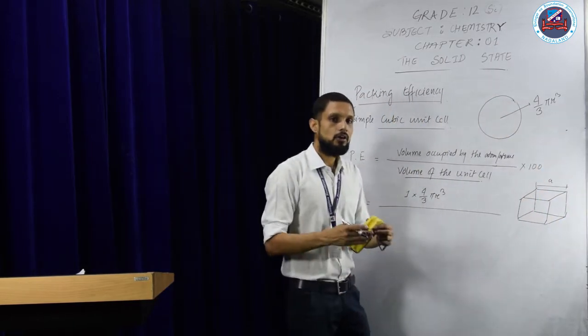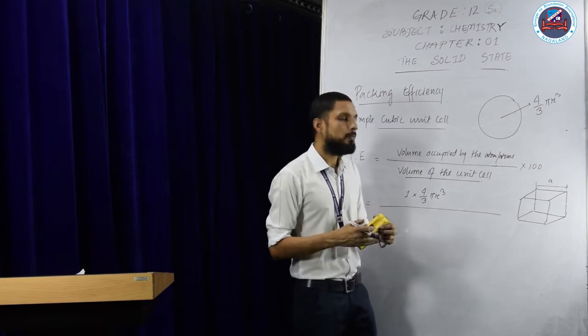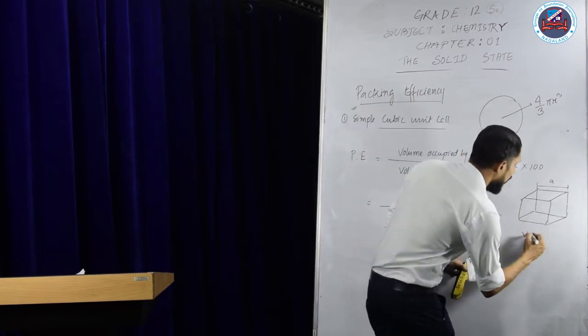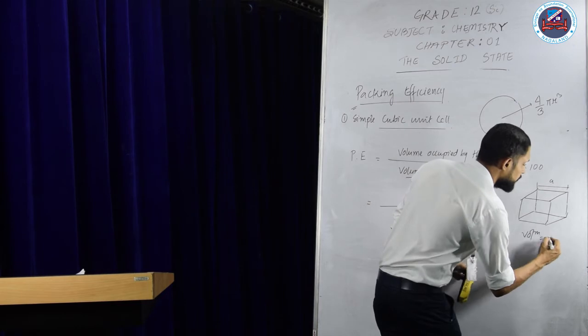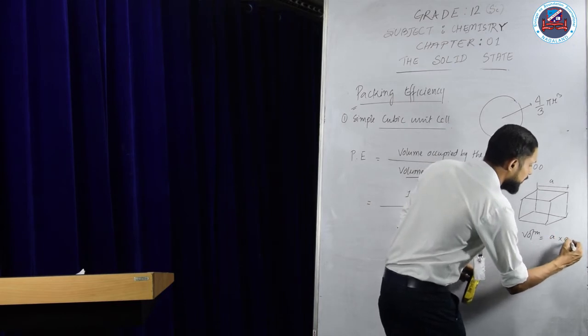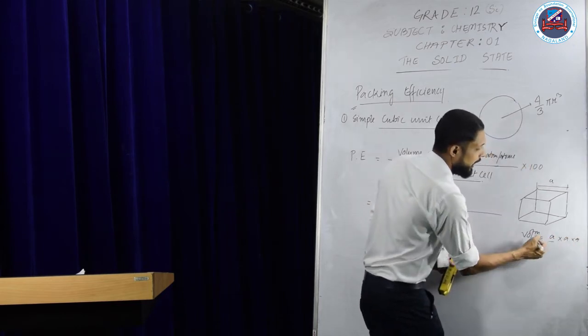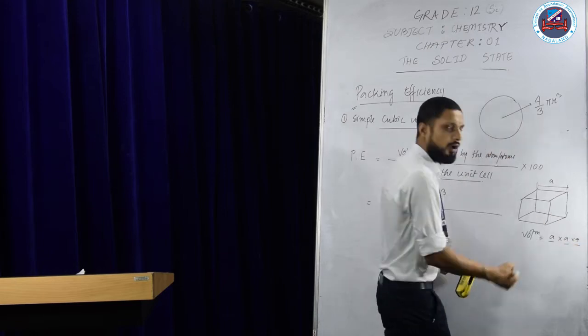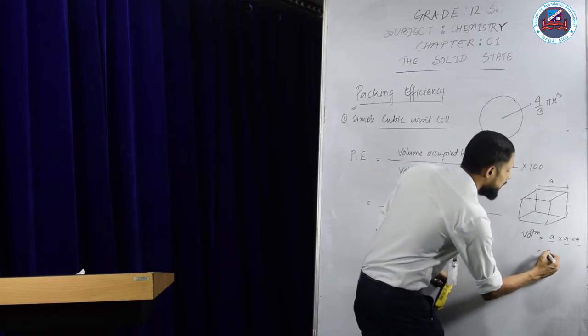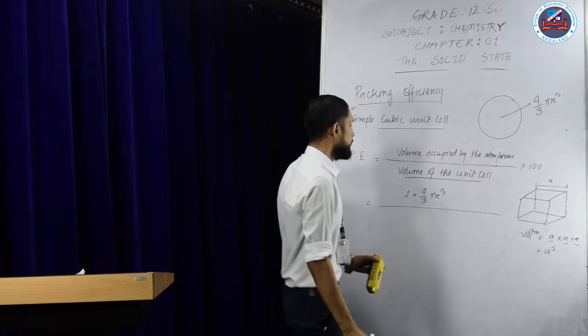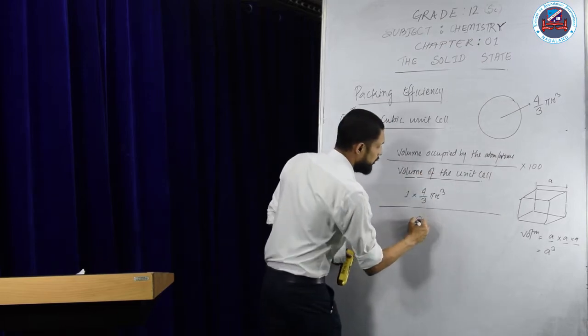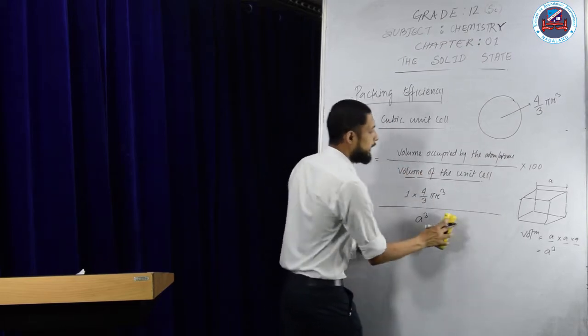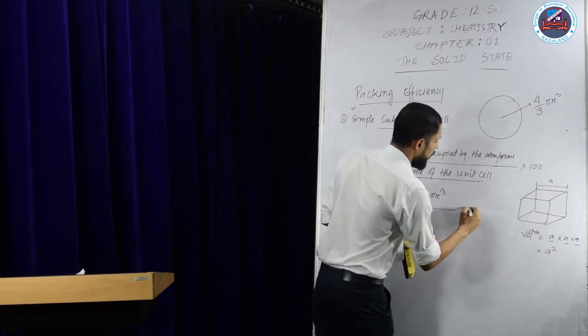So if the length of a side in cube is equal to a, the volume of the cube is equal to a multiplied by a multiplied by a. That means length is equal to breadth is equal to height. So the volume will be a cube. So the volume of the unit cell is a cube and is multiplied by 100.